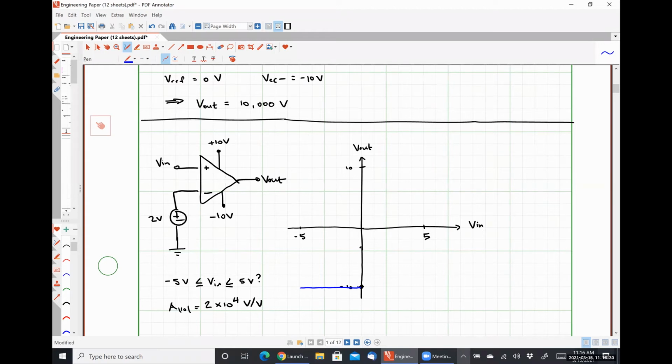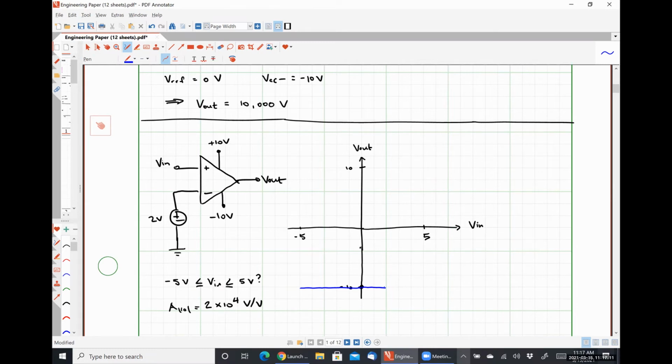Negative 20,000 is still significantly more negative than VCC minus, so we still have negative saturation, and we're going to continue to have negative saturation until Vn reaches a voltage that is very, very close to 2 volts, so probably something on the order of 1.995 volts or something like that. We are still going to see that our output saturates to VCC minus.